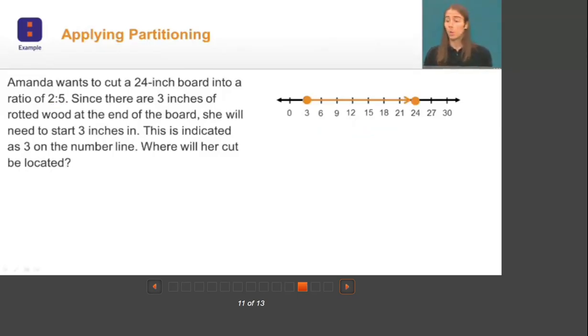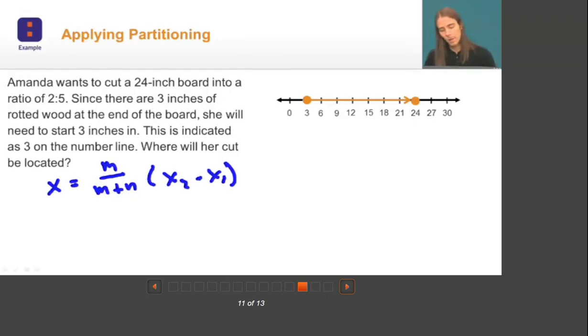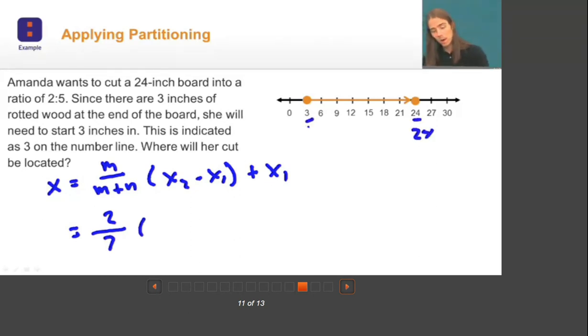Where will that point be? We can use this formula that says x will be given by m over m plus n times x2 minus x1, plus x1. In this case, we're cutting it in the ratio 2:5. So that means that m is 2, and n is 5, so on the denominator I'll have 7. x2 is 24, and x1 is 3.